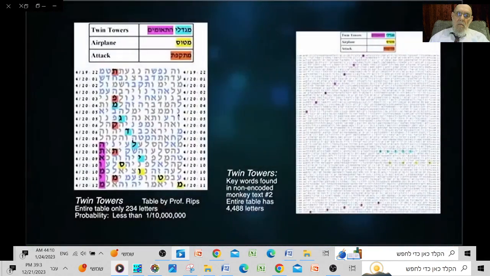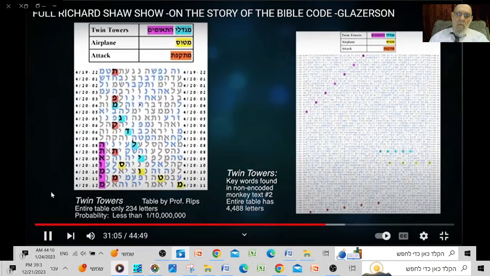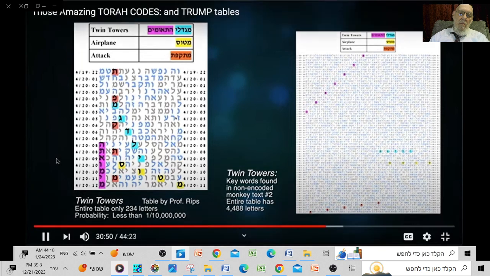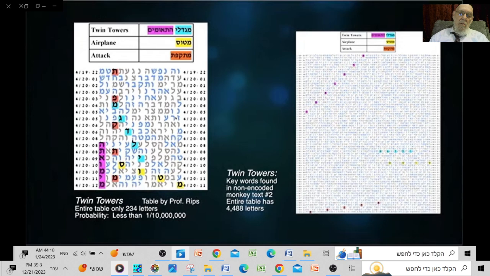All right, so that is basically showing this. What we did, I asked Professor Herlick if he could do some monkey text for me, or essentially to see if he could find the same words that Professor Rips did in another text. And sure enough, he did. But as you can see, here's the first example, 4,488 letters in it. And that's really just kind of random and doesn't mean anything.